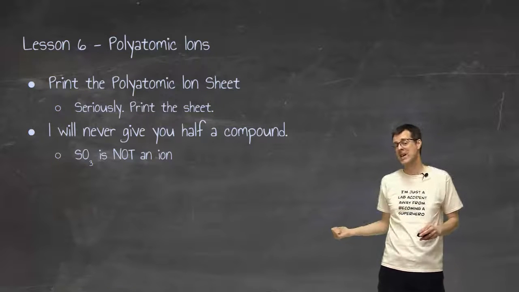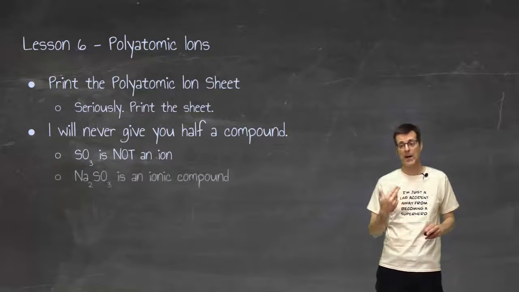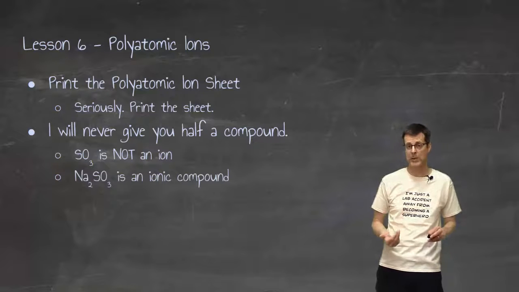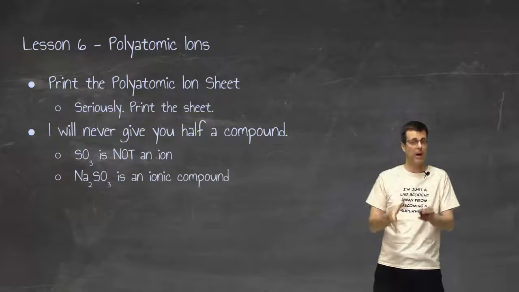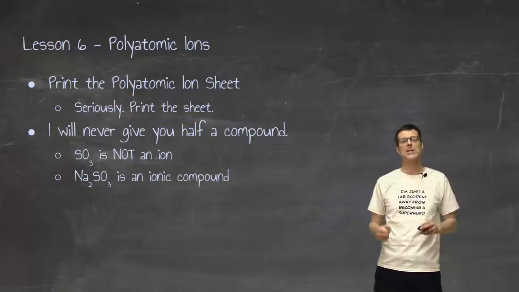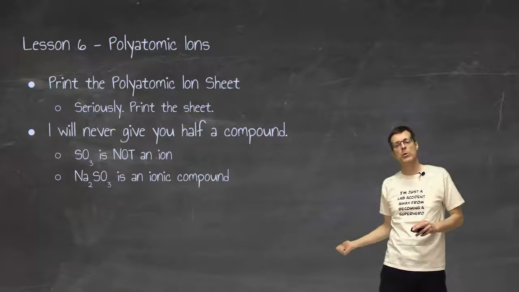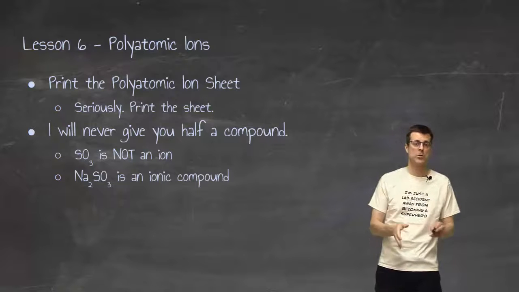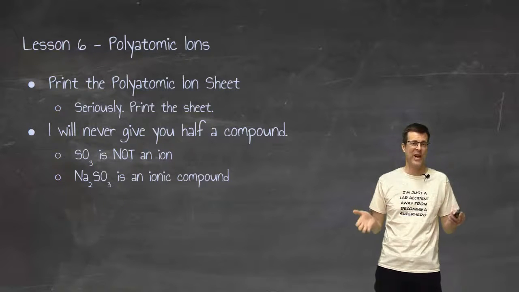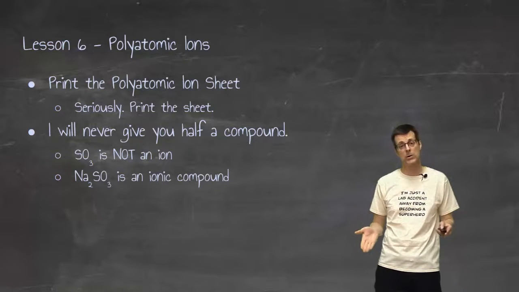One is it's not an ion. Two, I'm not going to give you half of a compound. If I want you to use the ion that looks kind of similar, that shall remain nameless, then I will put it in a compound where the charges are balanced, because that's how nomenclature works.